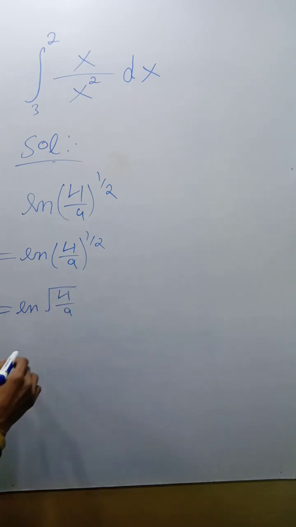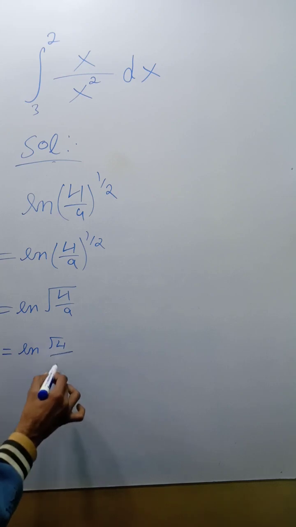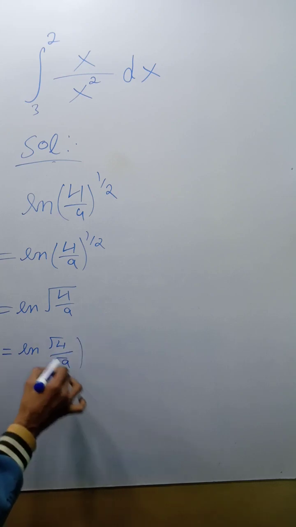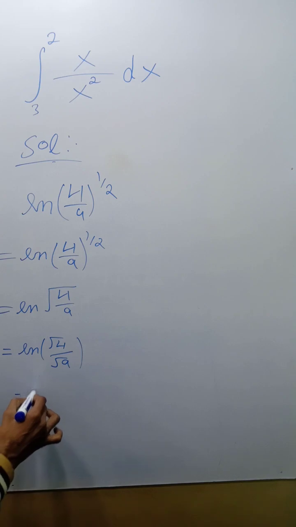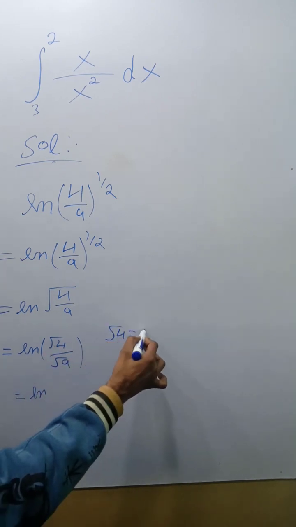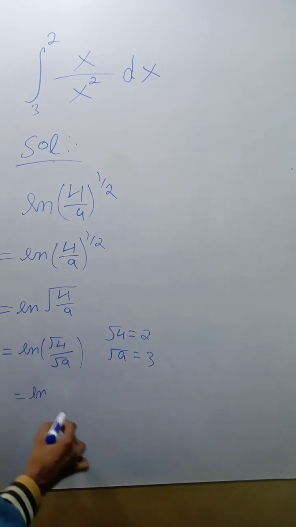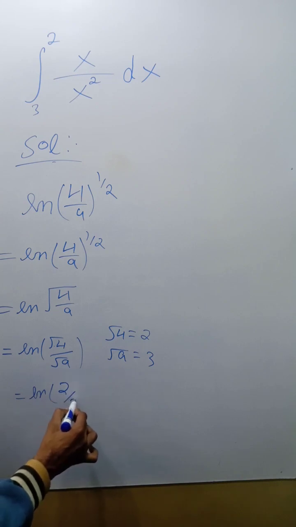Now natural log of square root 4 divided by square root 9. The square root of 4 is equal to 2 and the square root of 9 is equal to 3. So natural log 2 by 3.